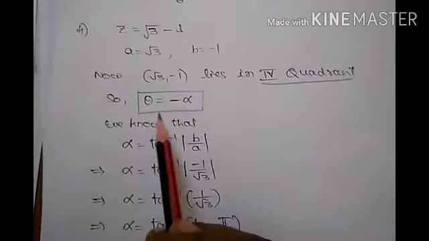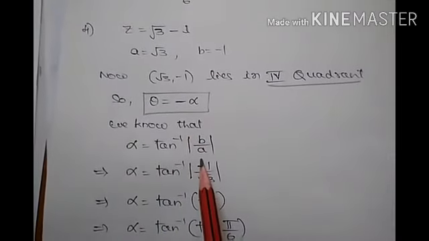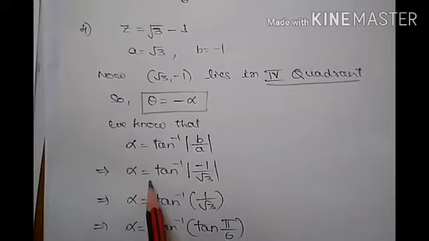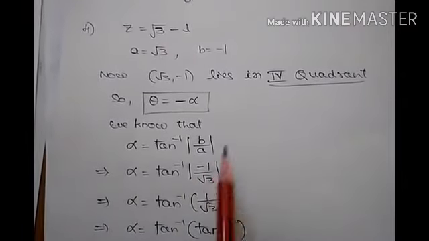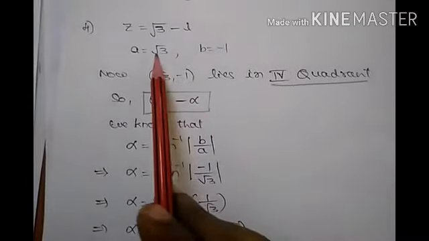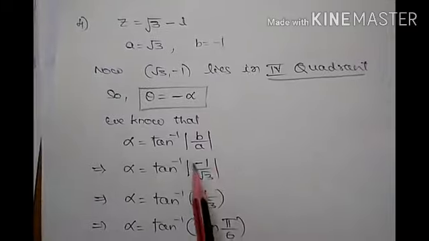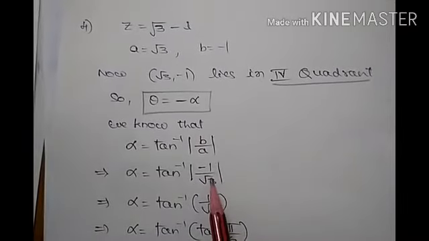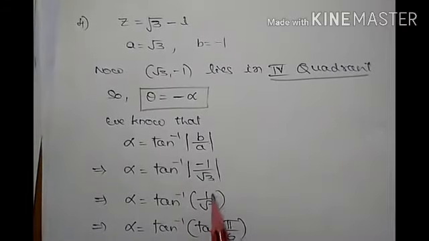To find alpha, we know that alpha equal to tan inverse of modulus b by a. That implies alpha equal to tan inverse of modulus minus 1 by root 3. Here b value is minus 1 and a value is root 3. Again the modulus makes the negative value positive. Therefore alpha equal to tan inverse of 1 by root 3.